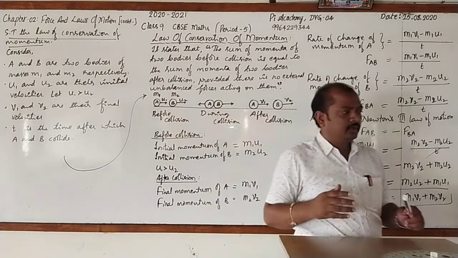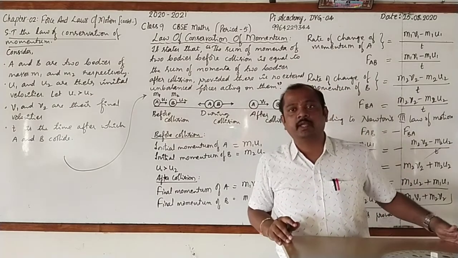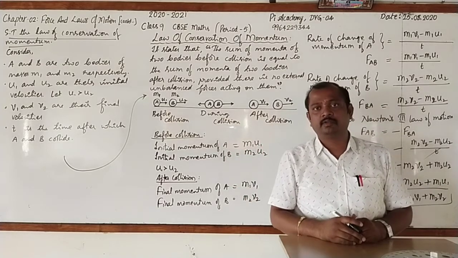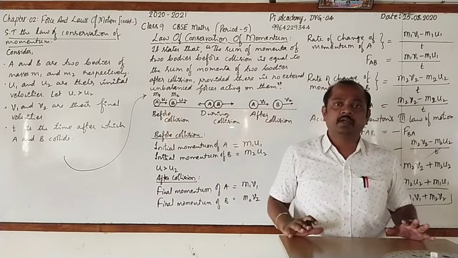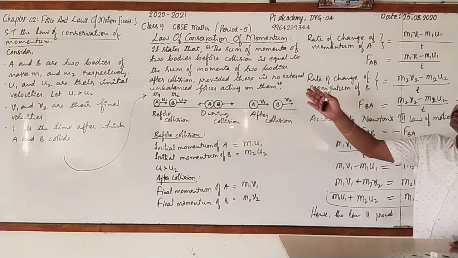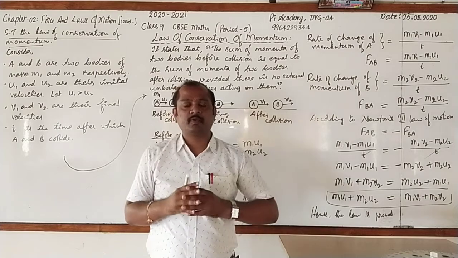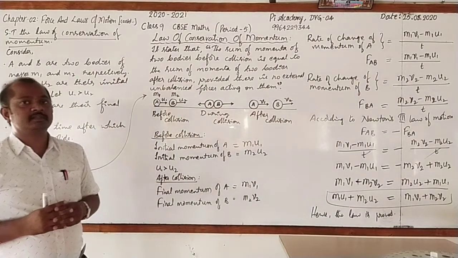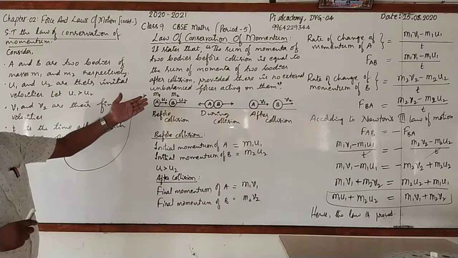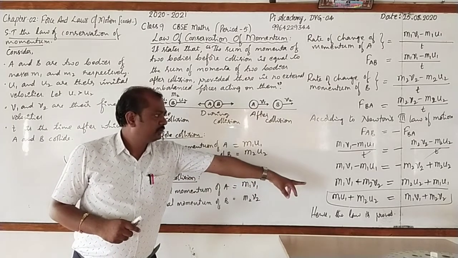And in that also, one problem is a bullet fired from the gun, another problem is a girl jumps on the cart wheel, and third one, two hockey players when they collide with each other, there also the law of conservation of momentum holds good. These are the three different types of problems which can be asked in the examination based on this law. Yes, please go for copy. Statement, question, and write up to the complete derivation.